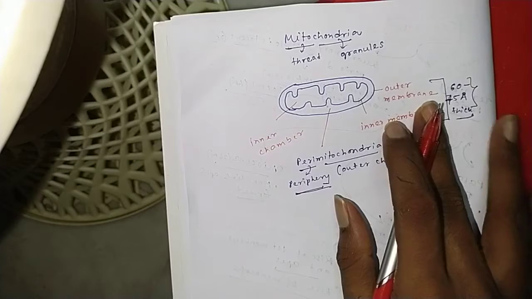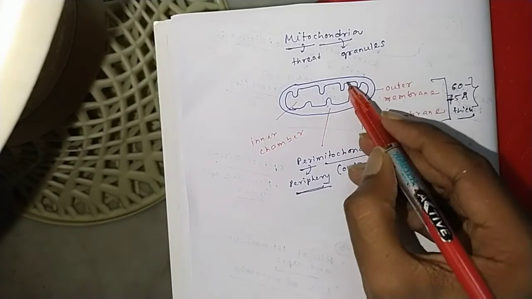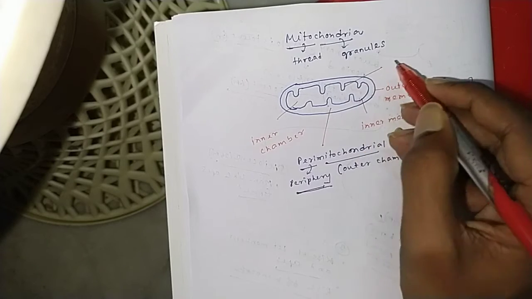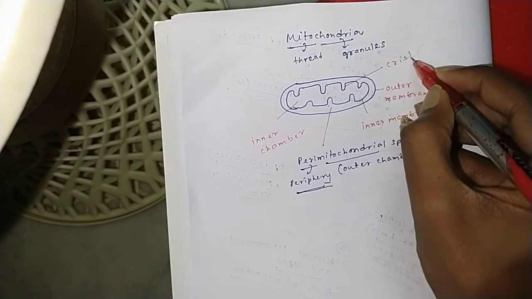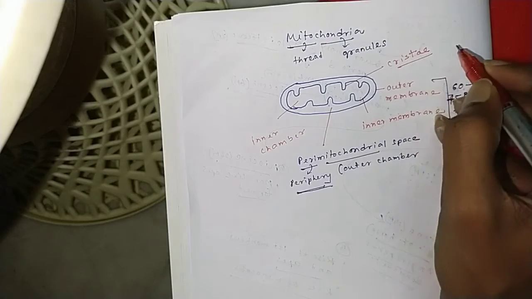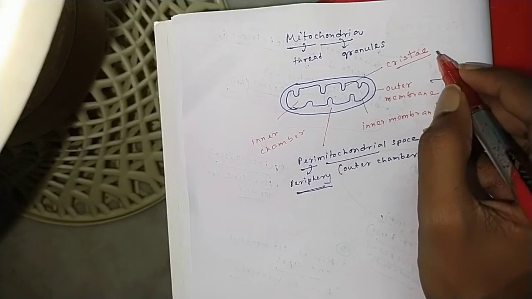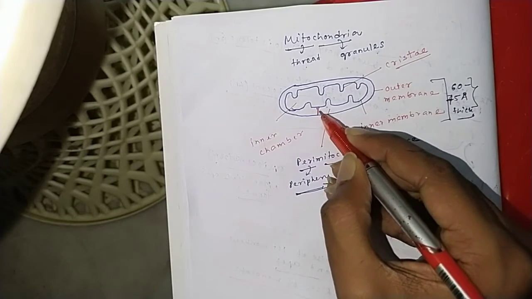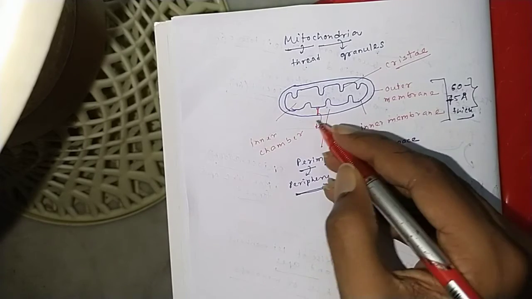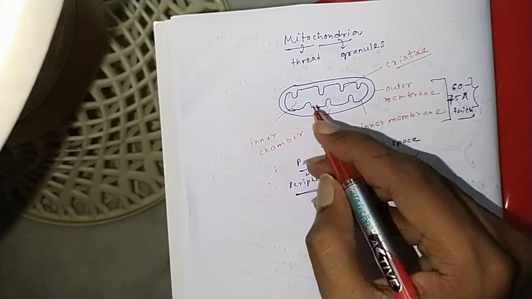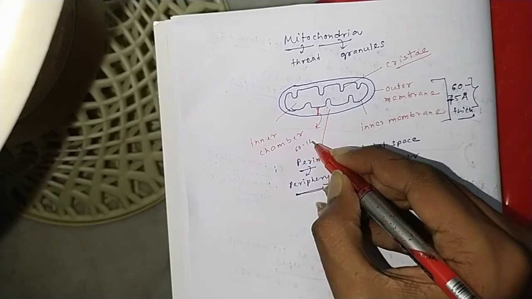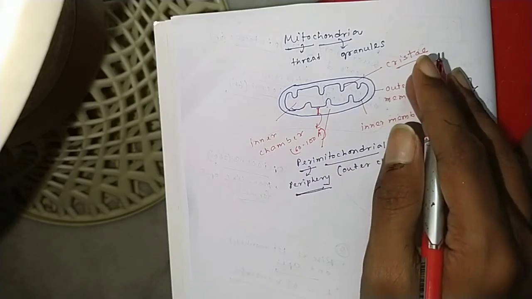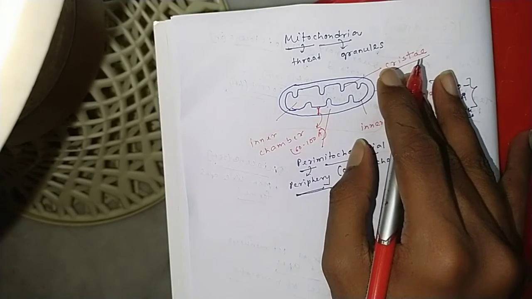Now you can see that the inner membrane has some finger-like projections, and these are called crista, and in plural it is called cristae. Now this perimitochondrial space is 60 to 100 angstrom in thickness.